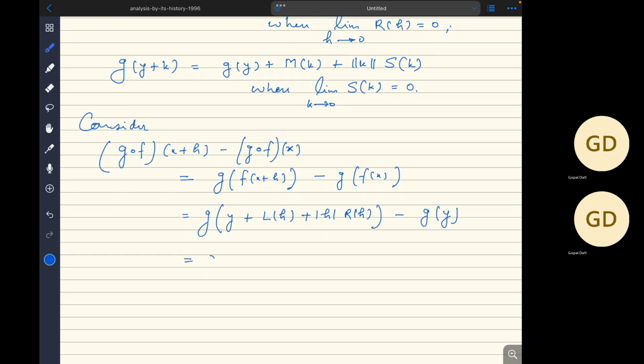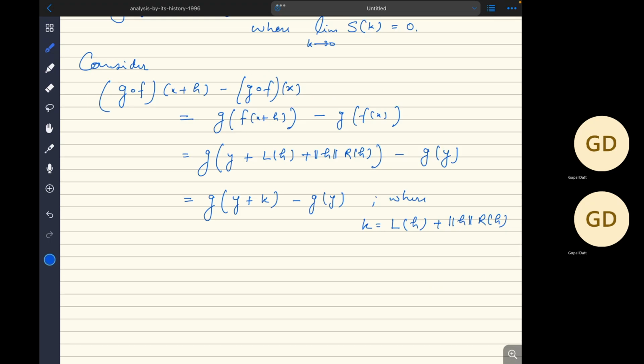Now we can write this as g(y+k) minus g(y), where k is L(h) plus norm h r(h).